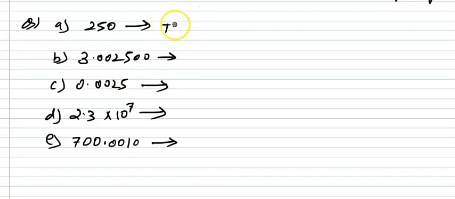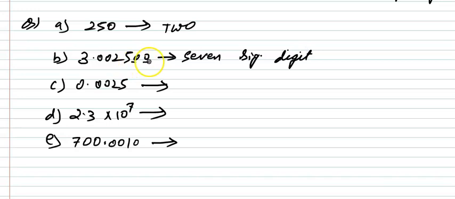So I can write, the second one has 1, 2, 3, 4, 5, 6, 7 significant digits, because you can see it is a decimal number and the trailing zeros must be counted. These are also significant, and these zeros are between two non-zero digits. So according to rule number second and rule number fourth, all the digits are significant, right?